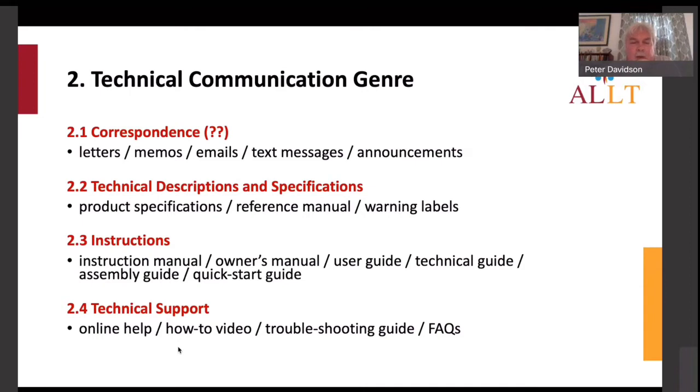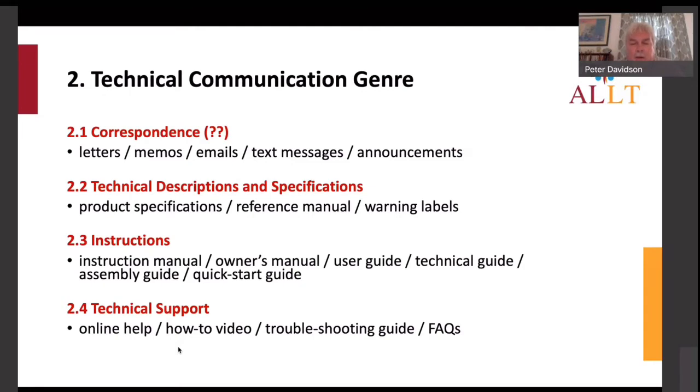A large part of technical communication is instructions. So any type of instruction manual, how to make something work, how to put something together is technical writing. Owner's manuals, user guides, technical guides, assembly guides, quick start guides, all those instruction type materials.